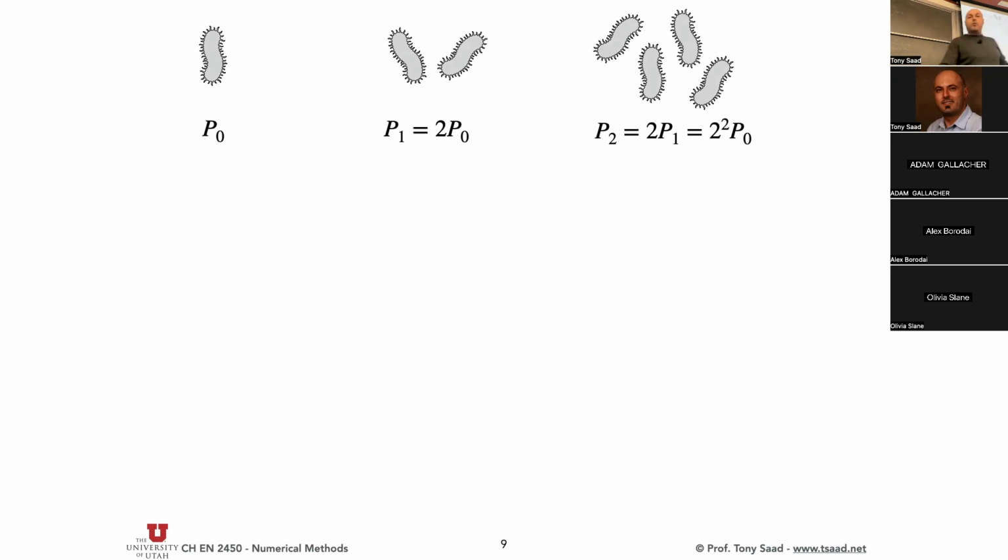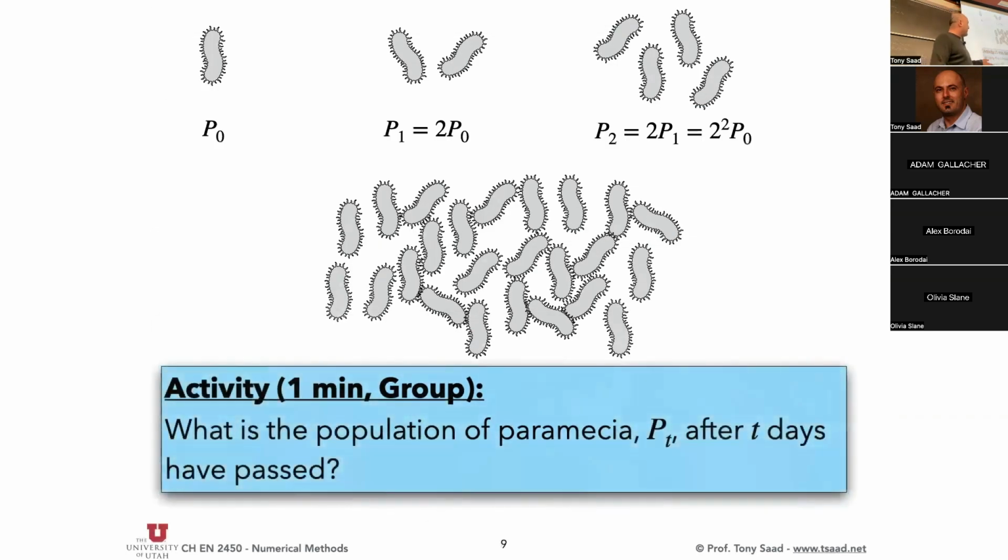So now I'm asking you, after T days have passed, what is the population P of T? Just do a recurrence formula. So you have P1 is 2P0, P2 is 2 squared P0, P3 is 2 cubed P0, and so on. After T days, how many paramecia do you have?